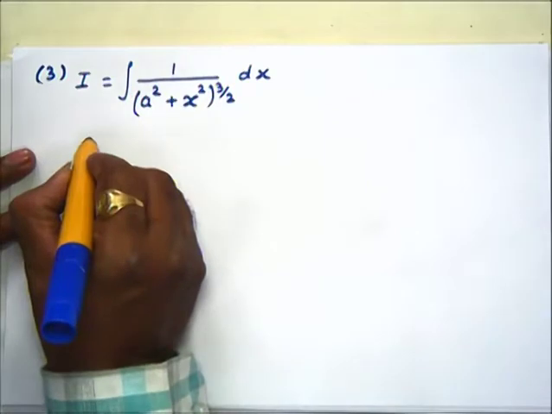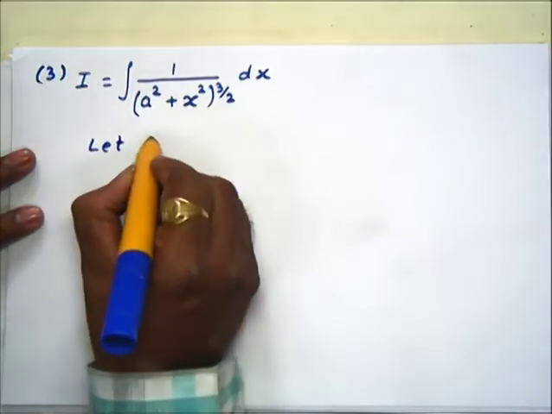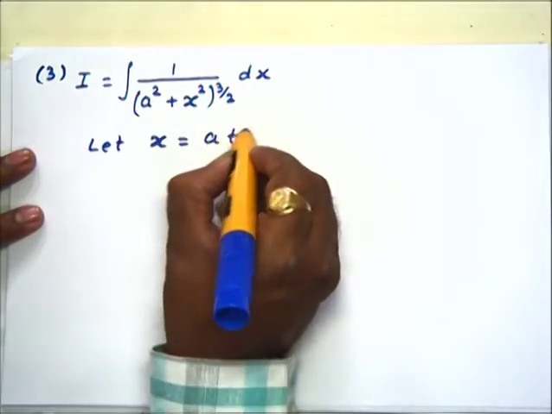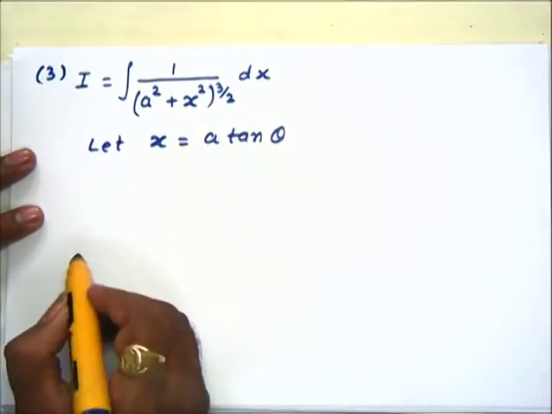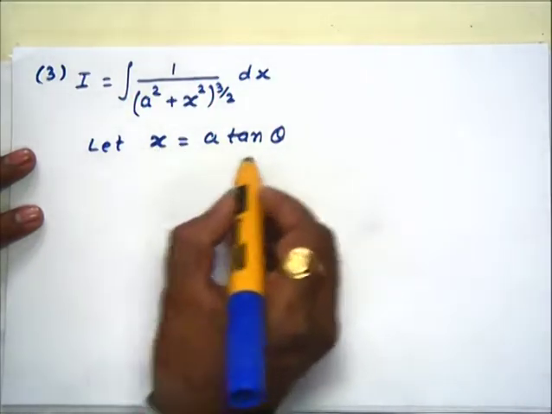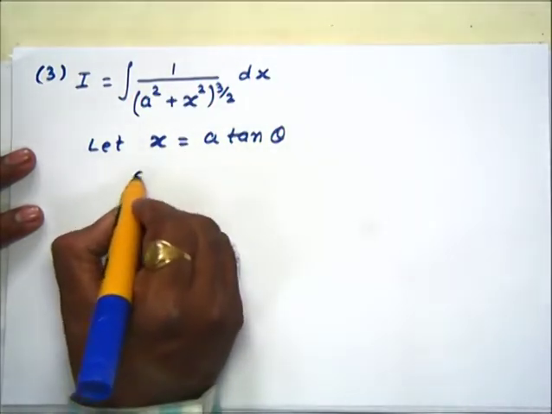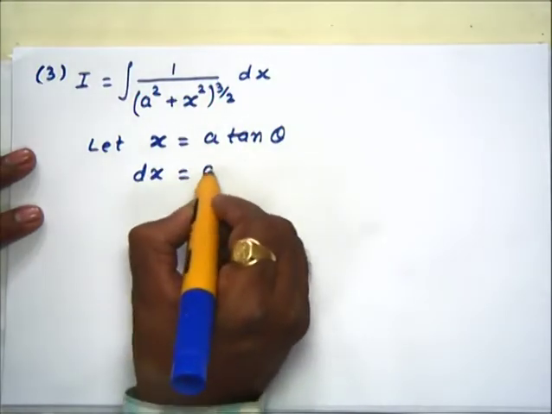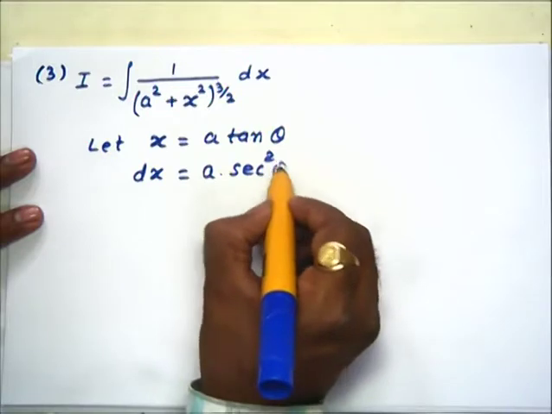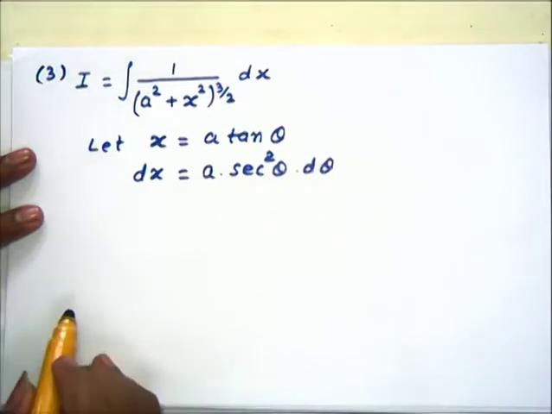So let x equal to a tan theta. Now differentiate this x with respect to theta. So we have dx equal to a, derivative of tan theta is sec square theta into d theta.